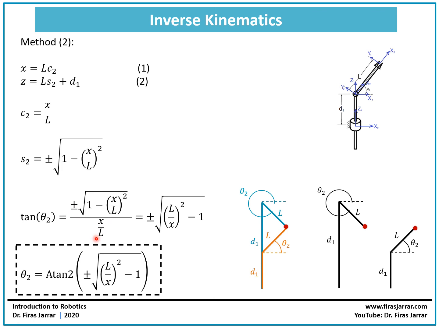If you wish, you can simplify by getting the x over L inside the square root, and you will obtain a formula for theta 2. So theta 2 is atan2 of plus minus, representing two solutions. In one solution we consider the plus, and in the other the minus. Under the square root we'll have (L over x) all squared minus 1.